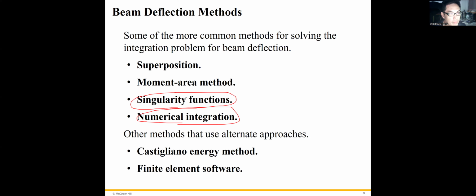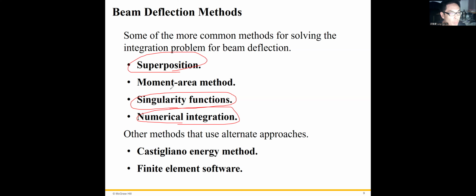And then we can still use the superposition. We just add up those deflections with respect to the different loadings together, and we can figure out what the deflection is.